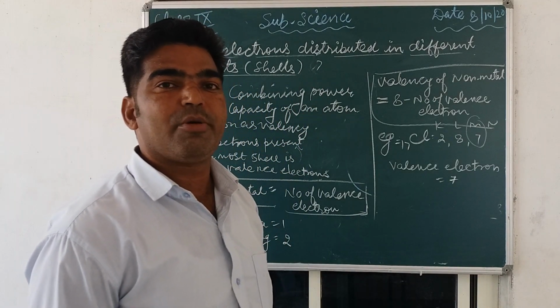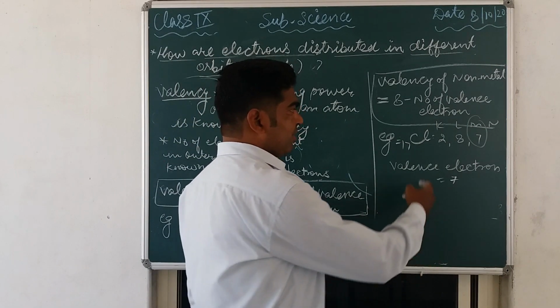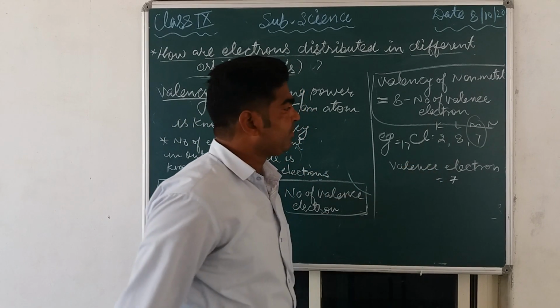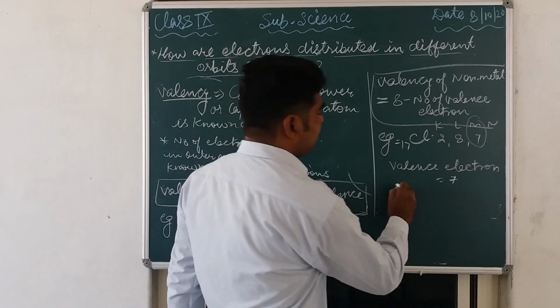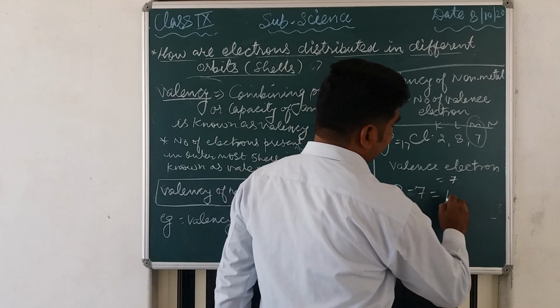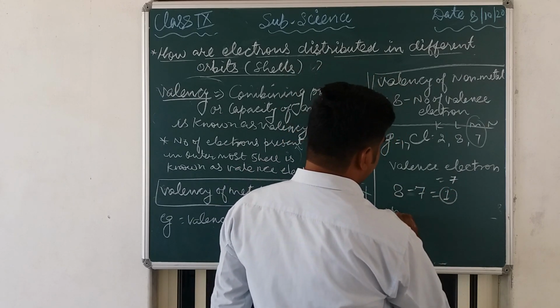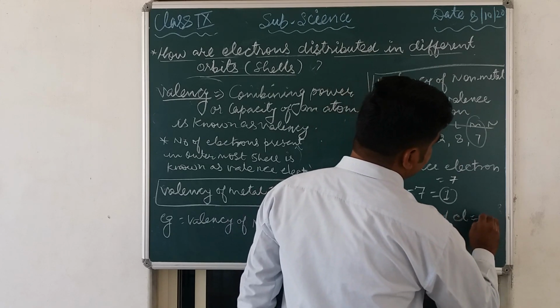Valence electron means the number of electrons present in the outermost shell, that is equal to 7. So how can we find the valency? We know that the valency of a non-metal is equal to 8 minus 7, so equal to 1. The valency of chlorine is equal to 1.